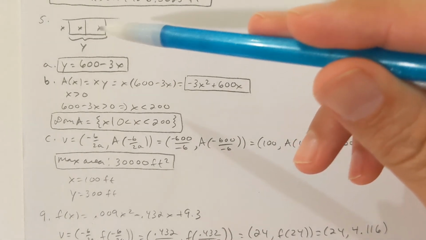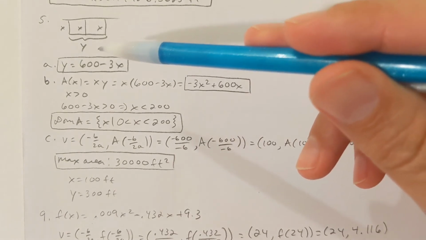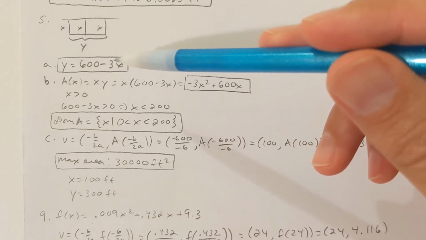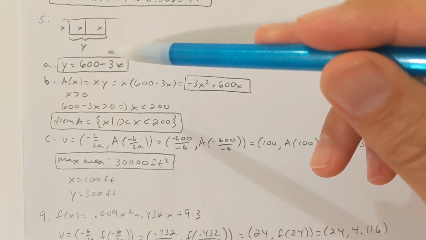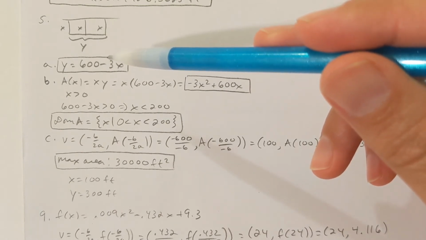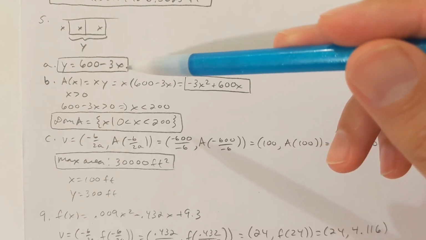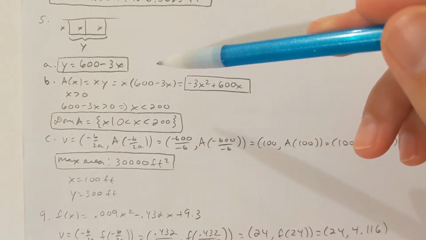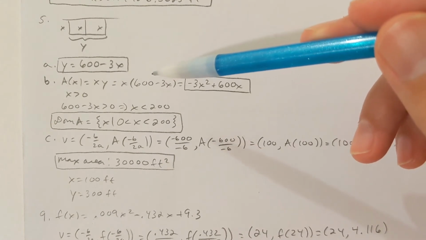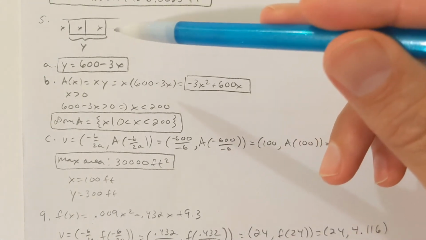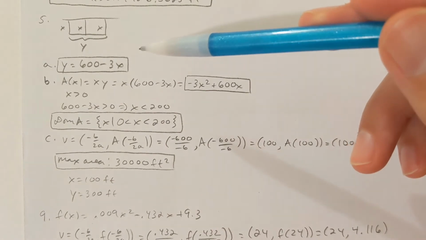Well, I got x plus x plus x, that's 3x, plus y equals 600. So y would equal 600 minus 3x feet.